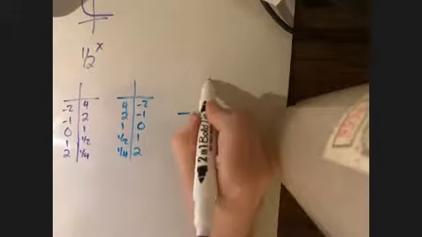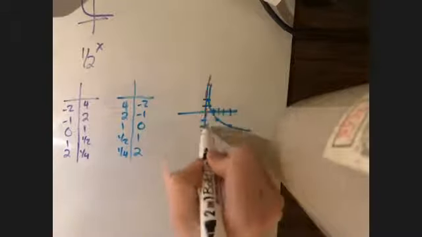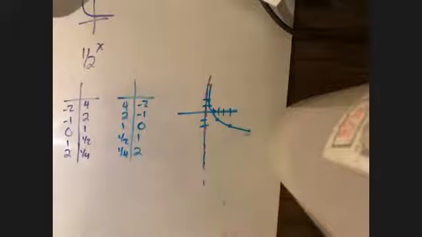It also has a vertical asymptote that sits right along the y-axis. This would be log base 1/2 of x.